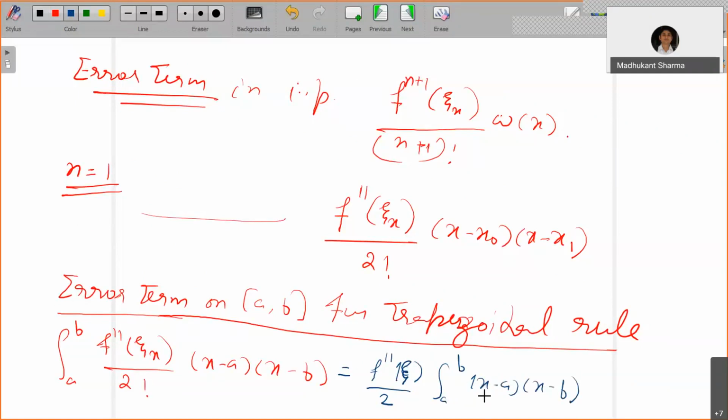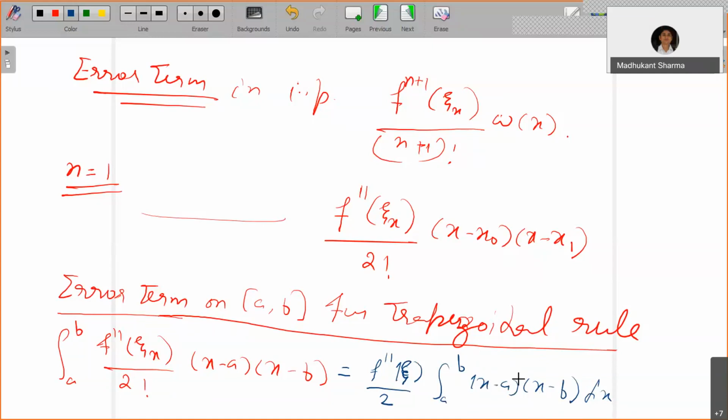All the conditions of the mean value theorem that we have stated are true here, because (x minus a) into (x minus b), with dx here, does not change sign. Since x lies between a and b, x minus a is greater than 0 and x minus b is less than 0, so it is always a negative number and does not change sign. It is an integrable polynomial. Okay, and then you can just integrate this and you will get the error term.